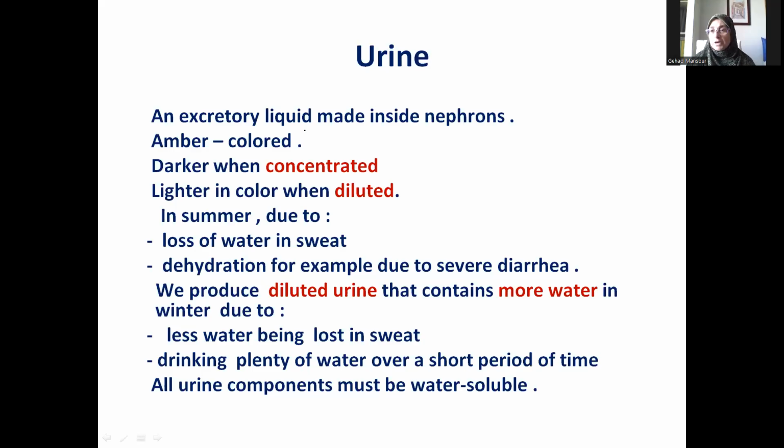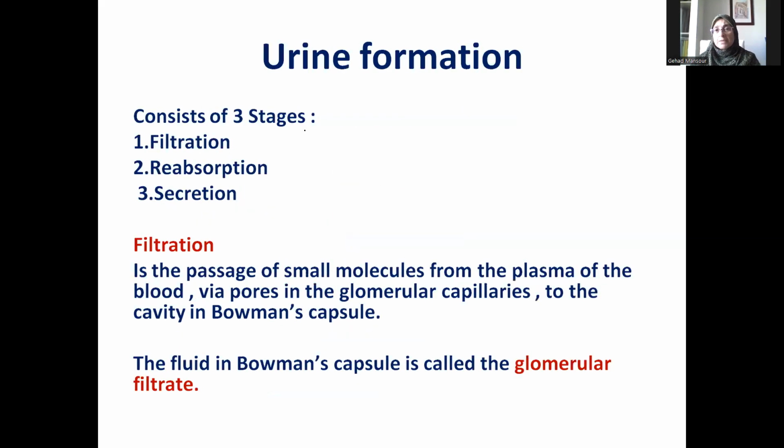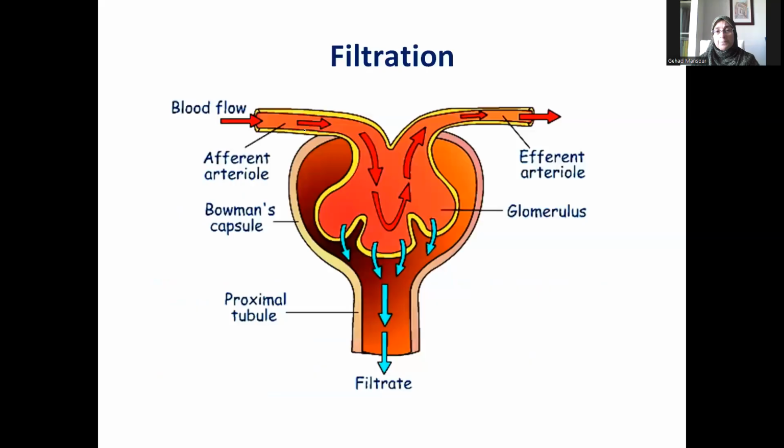You can have a very diluted urine in winter, when the weather is very cold and you don't sweat at all, or when you forcibly drink large volumes of liquid or water in a short period of time. Another cause of diluted urine is a disease like diabetes mellitus or diabetes insipidus, okay?